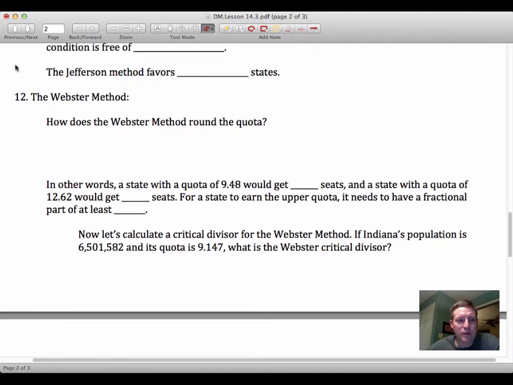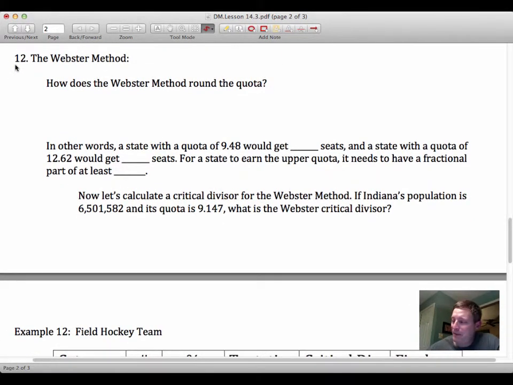And then one thing I will just throw out, the Webster method is a little bit more complicated even than the Jefferson method, because the Webster method says that you're going to round up on a quota whenever the fractional part is greater than 0.5.